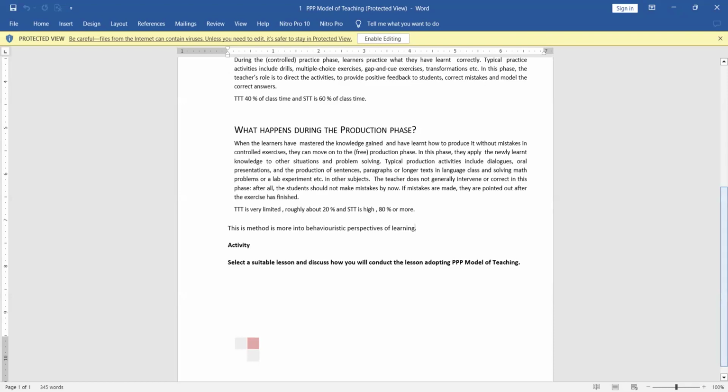So suppose it is some other subject, can you think of an example for the three phases of the PPP model? There are teachers from other subjects as well. Teachers of other subjects. Nobody wants to?